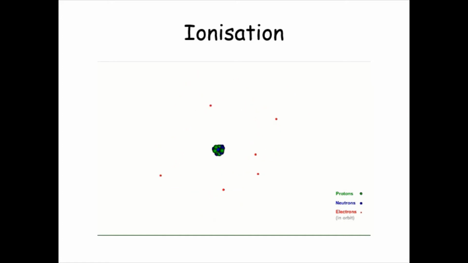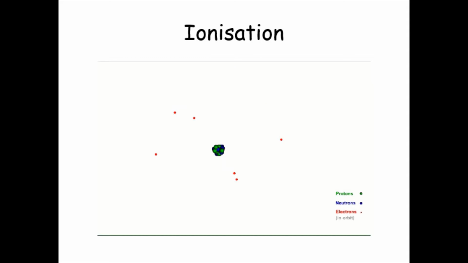So here's our atom with the electrons orbiting around. We froze it there to see that there are 6, and now ionisation has happened because we've now only got 5 when we stop. So it's now an ion because we've lost an electron, and that can happen because of alpha, beta or gamma radiation.